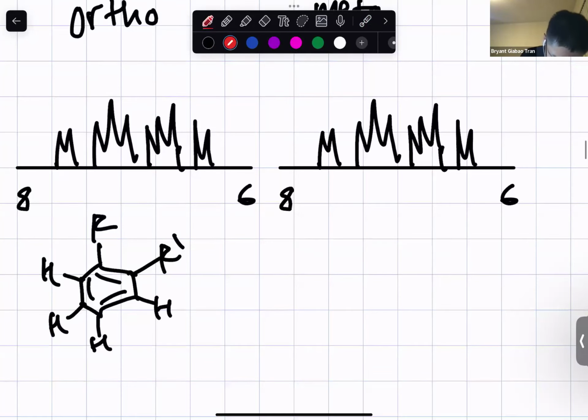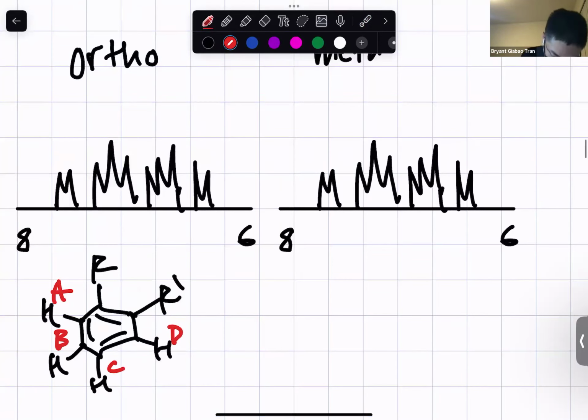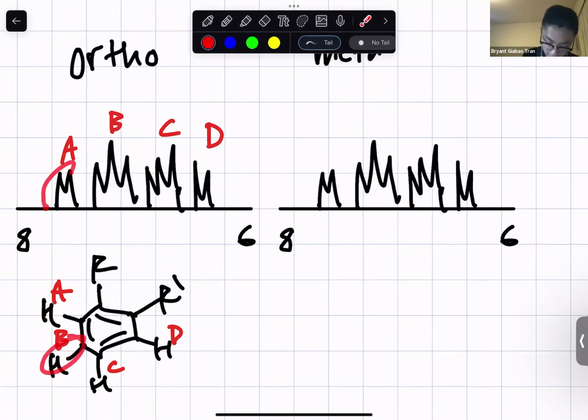Let's say this is A, B, C, D. They are different from each other. Hydrogen A only has 1 neighbor, which is why it's a doublet. Hydrogen B has 2 neighbors, which is why it's a triplet. Hydrogen C also has 2 neighbors, triplet. Hydrogen D has 1 neighbor, doublet, right?